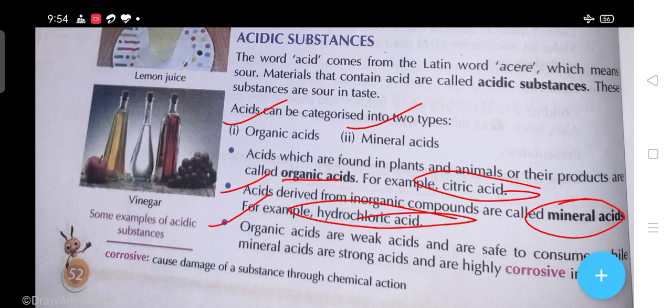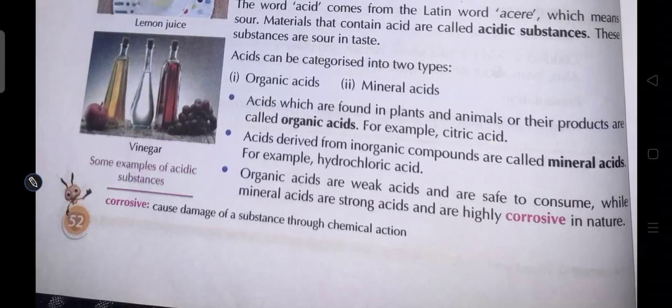The organic acids are weak acids and safe to consume, while the mineral acids are strong acids and are highly corrosive. Corrosive means it can destroy and it can harm. Corrosive means it causes damage to a substance through chemical reaction.